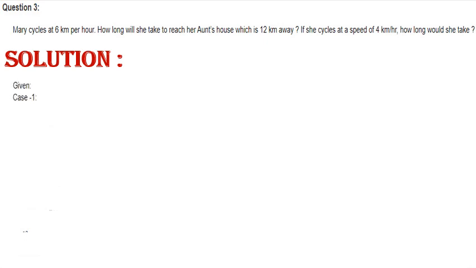What has been given? Let's take the first situation. They have given a speed which is 6 km per hour and the distance traveled is 12 km. So for this, I want you all to remember a word, dust.